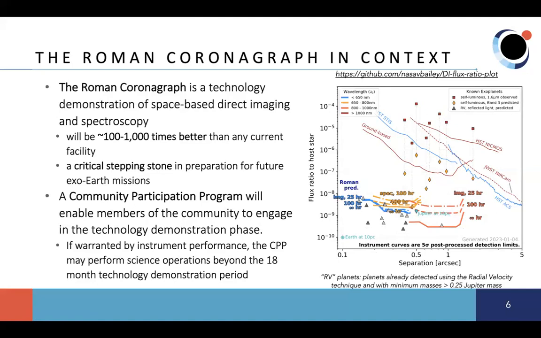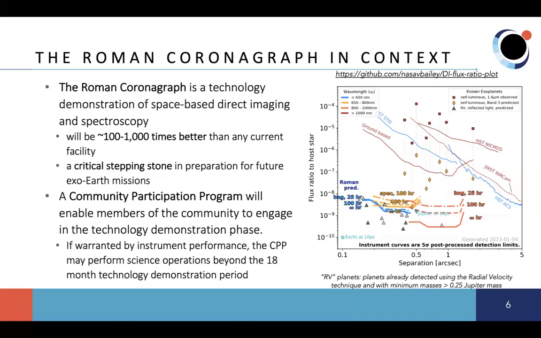And what's really interesting about this is it'll enable us for the first time ever to directly image Jupiter analog planets: Jupiter-like planets in Jupiter-like orbits around sun-like stars. And again, Jupiters are well and good, but it's really to demonstrate the technology, take all those lessons learned that we're making right now at CGI, and apply them to the next generation of those missions.